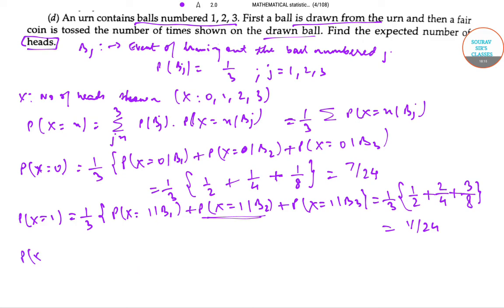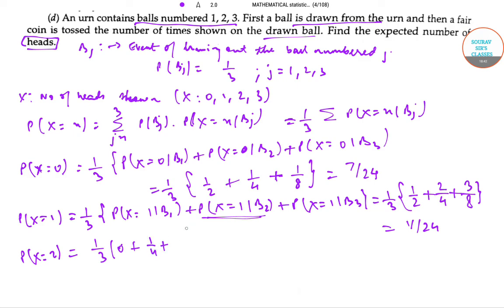Similarly, probability x is equal to 2. We'll follow the same pattern over here, and we get 1 by 3 times 0, since when ball 1 is drawn, you can't get 2 heads. Plus, when ball 2 is drawn, you flip the coin twice, and the probability of getting 2 heads is 1 by 4.